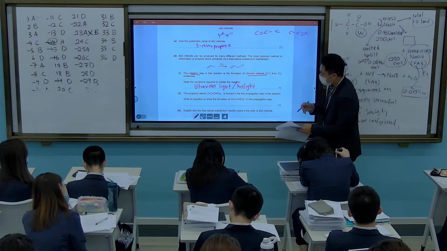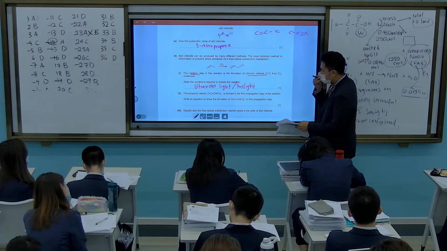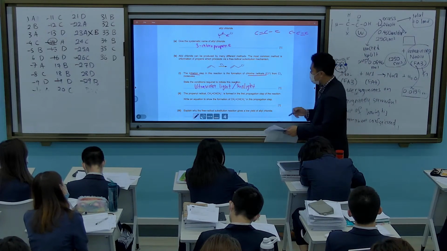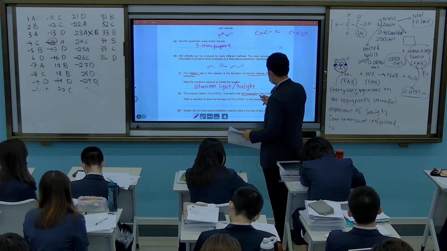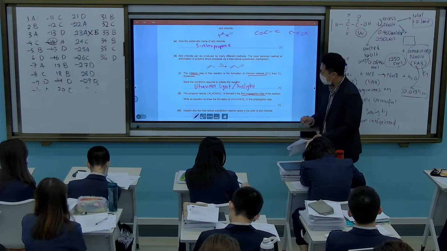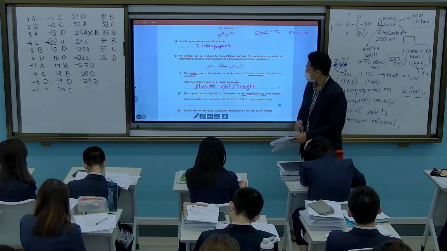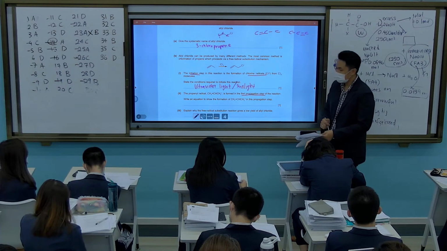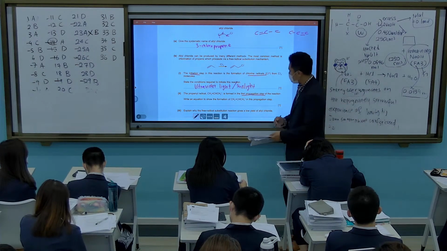Right. Now for B part 2, the propenyl radical is formed in the first propagation step. Write an equation to show the formation of this radical in the propagation step. So remember what is the meaning of a propagation?